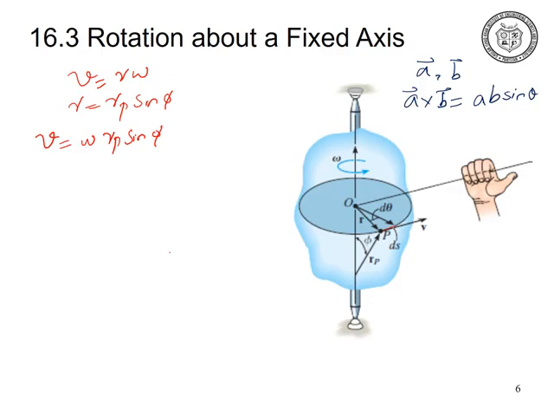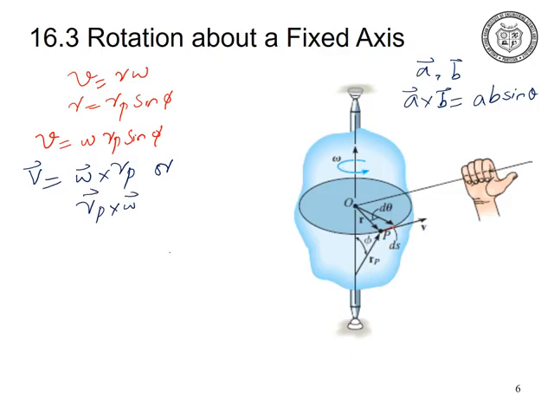Similar to this, we have the relation of omega and rp, which is omega rp sine of theta. So this means that the velocity is the cross product of two vectors in vector form. So v equals omega cross rp or rp cross omega.